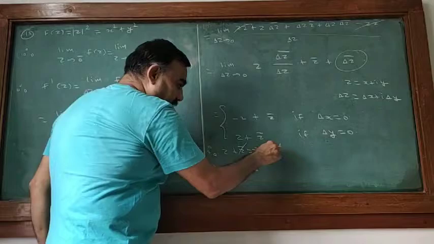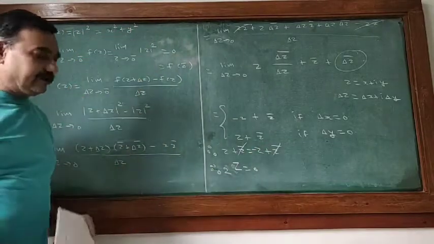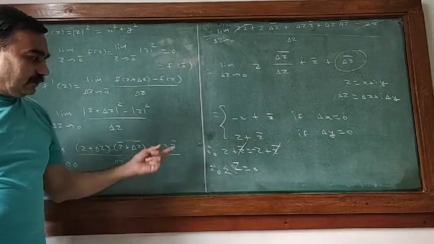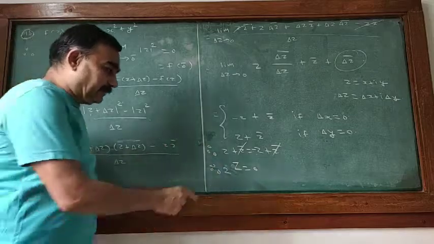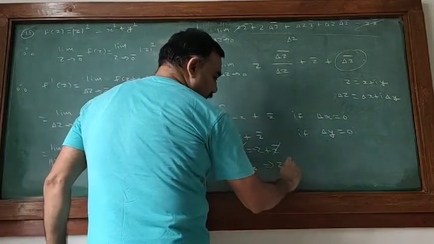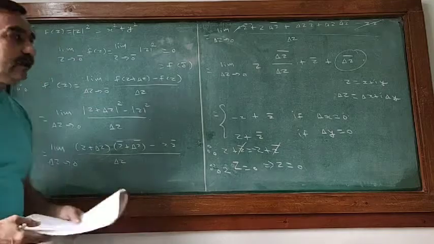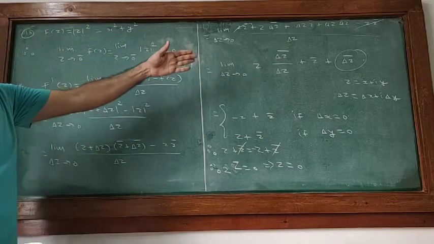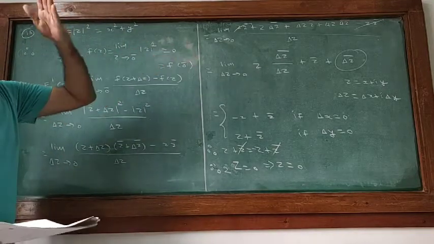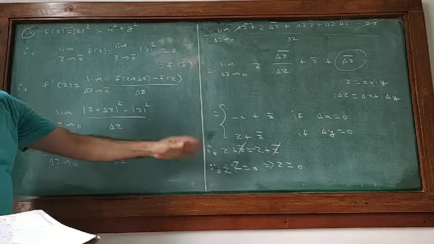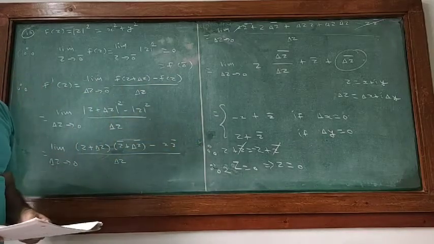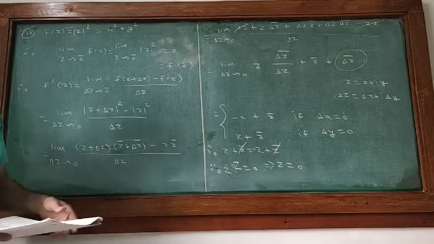The z bar terms are equal on both sides, so we may cancel them. So it is 2z equal to 0, that means z equal to 0. This means that this function is differentiable only at the origin. Is it clear to you?